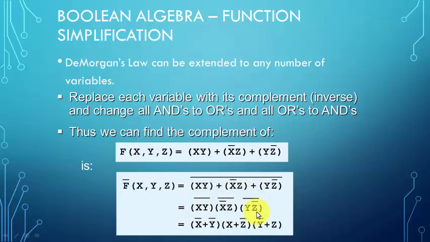So that's why you go to here, and you can continue. For each line, you break the line, change the sign, break the line, change the sign. In this case, actually you have not not, so that's why it's X itself. Similar thing here, if you break the line, then you have not not above the Z, so that's why it's just Z itself.